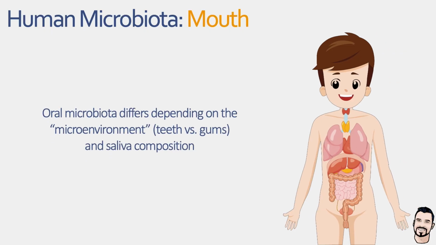And I guess we'll start with the oral microbiota. Even within the mouth, the microbial community can differ depending on the microenvironment. For example, the teeth provide a hard surface for biofilm formation, while the gums and other soft tissues support different microbial populations. In addition to this, the composition of saliva also plays an important role in shaping which species can thrive.